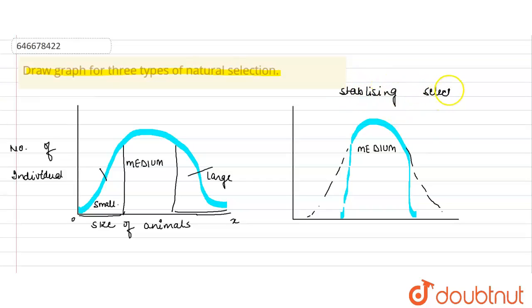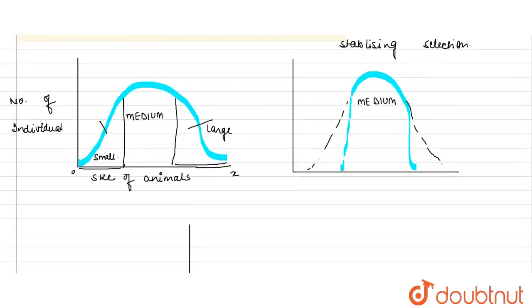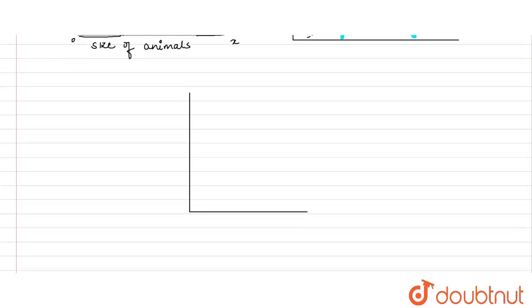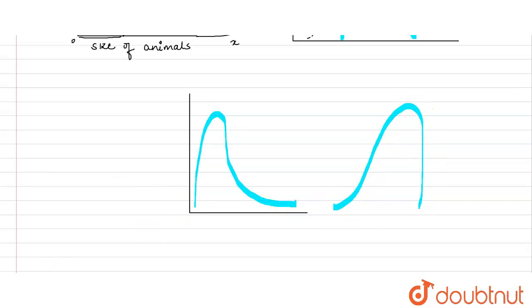What is the next condition that can happen? They can occupy either of the extreme conditions, that is they can either occupy the left hand side or the right hand side, so it can happen like this. So this can be the graph or this can be the graph, that is they are occupying the extreme of the condition.